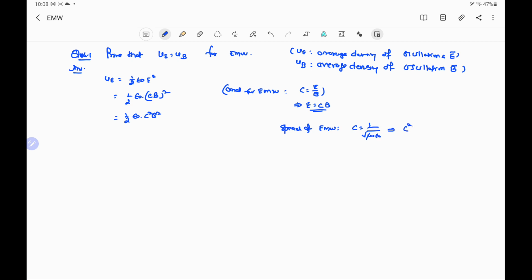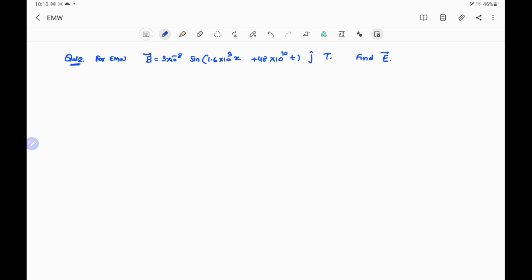This implies that C square equal to 1 by mu naught epsilon naught. And replacing the value of C square here, we will have half epsilon naught into 1 by mu naught epsilon naught into B square. And this epsilon naught gets cancelled and remaining is 1 by 2 mu naught into B square. And this is the average density of the magnetic field.